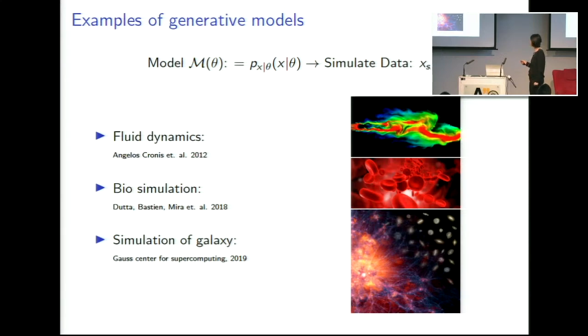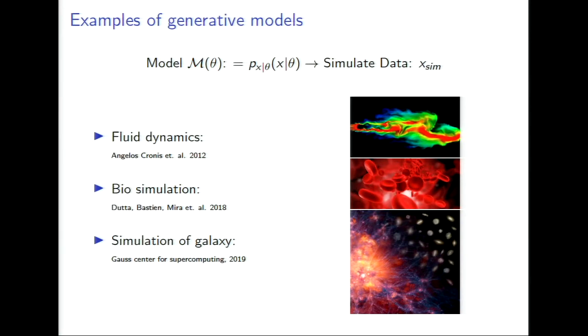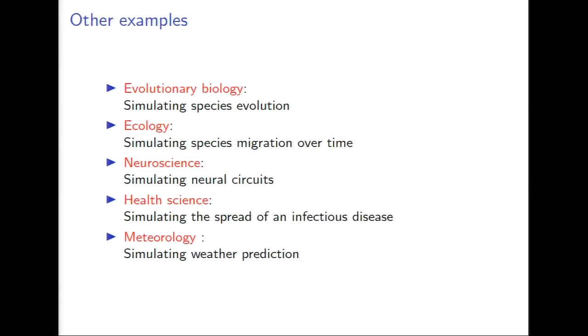Theta are the parameters, and the feature of those models is that we can forward simulate the model and generate some simulated data. So those models are available in fluid dynamics, in biosimulation, in simulation of galaxies, or evolutionary biology, ecology, neuroscience, health science, meteorology. So think of it, in pretty much any field, you can come up with models that have this feature that you can forward simulate.